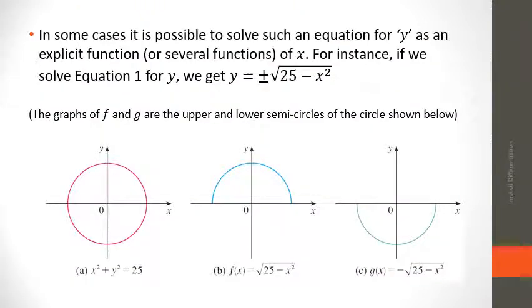This is an example of the equation of a circle. It's x squared plus y squared equals 25. And for this one, we can solve for y. But when we solve for y, if you look up here, we get a plus and a minus. So this is the plus radical, and this is the minus radical. So we could solve for this one separately, but taking those derivatives, honestly, is much more difficult than if we just simply used implicit differentiation.